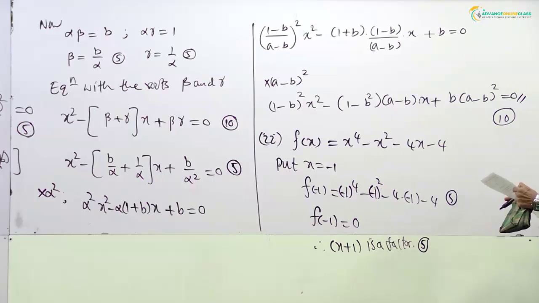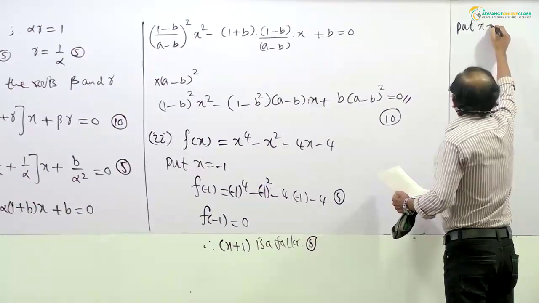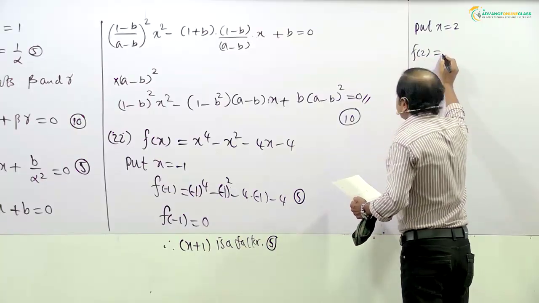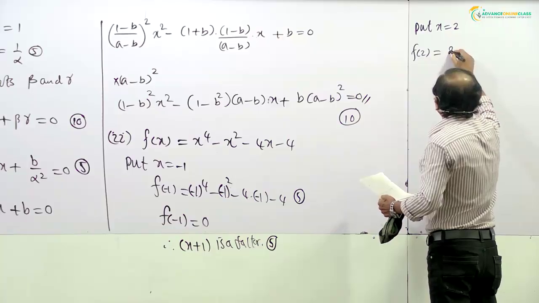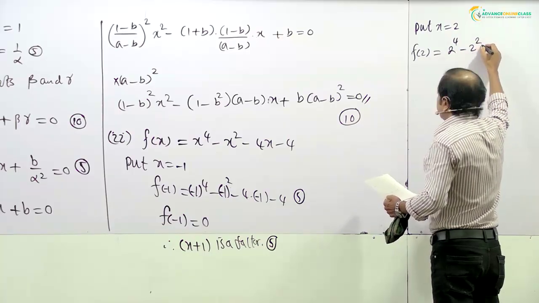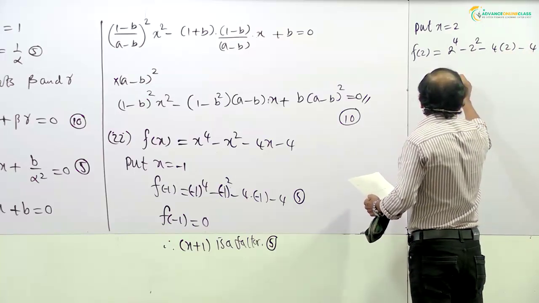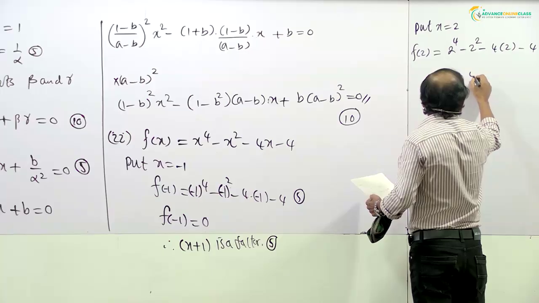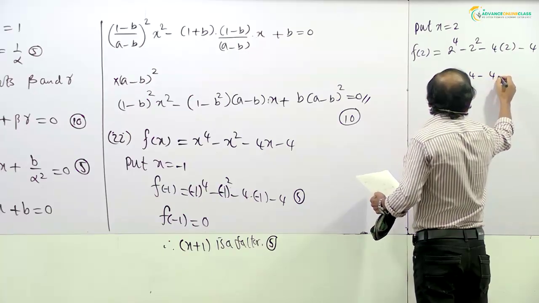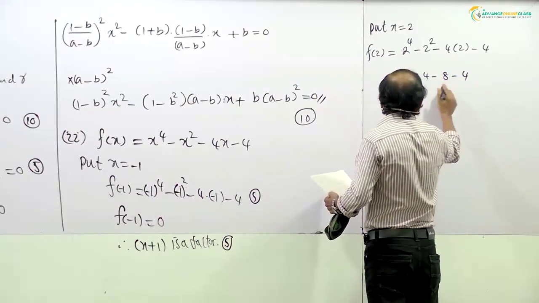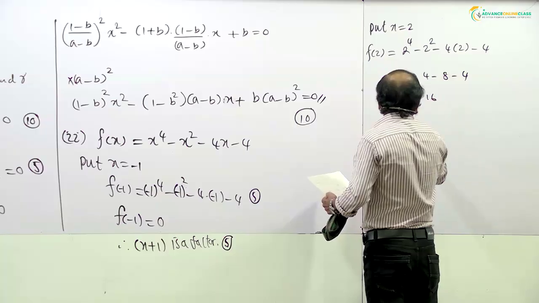Okay. Secondly, I'm going to show x minus 2 is a factor. Put x equals 2. Then we get f(2): 2 to the power 4, 2 squared, 4 into 2, minus 4. 16 here, 4, 8. Oh no, here also minus 16, 0.